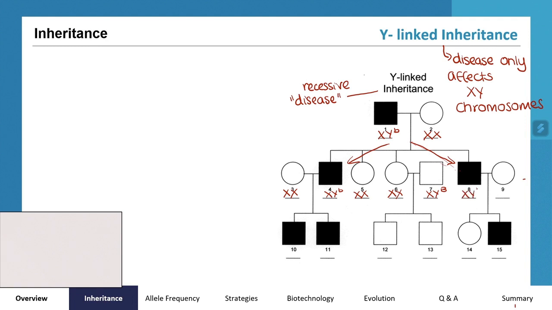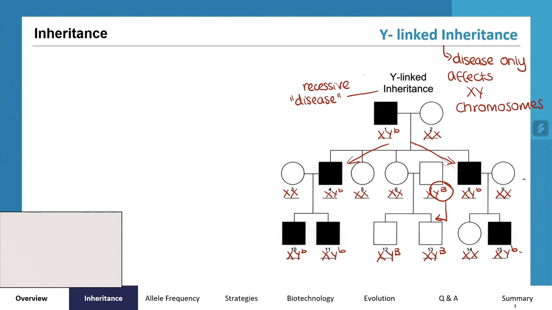Here's X, Y, little b, XX. Here, because the healthy copy of the gene is the only Y copy of the gene in the entire family, both of the males are born with the healthy copy. And here, both of the males are born with the diseased allele. Like so. This is an XX, and this would be XY little b.